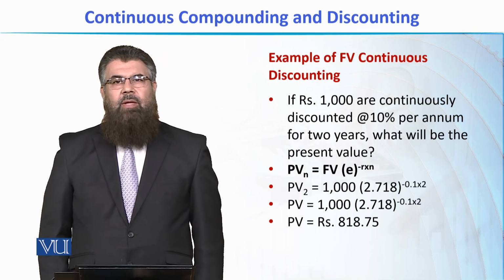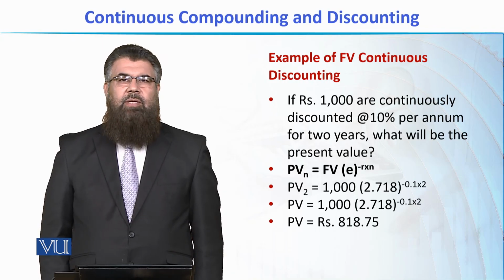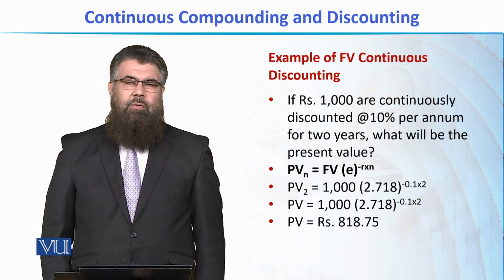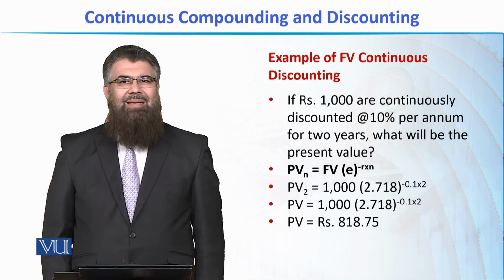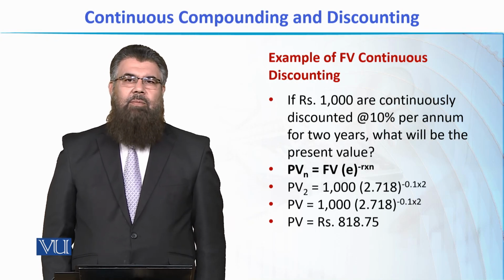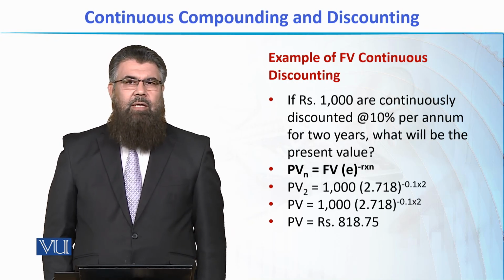So in this way, under the discussion of shorter period compounding, this is the culmination of shorter period compounding, where the periods are reduced to such a minimum level that it becomes a continuous compounding or a continuous discounting case.